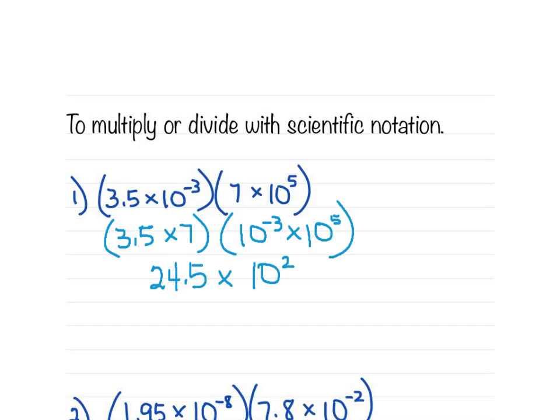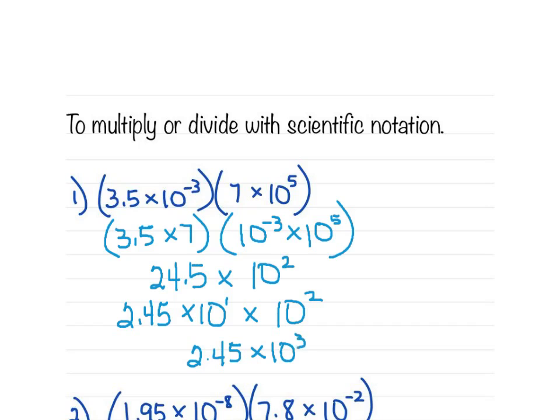So 24.5 can be written as 2.45 times 10 to the first power, and then bring down times 10 squared. Then we can combine 10 to the first power times 10 squared, and we have 2.45 times 10 cubed. And that would be our product in scientific notation.